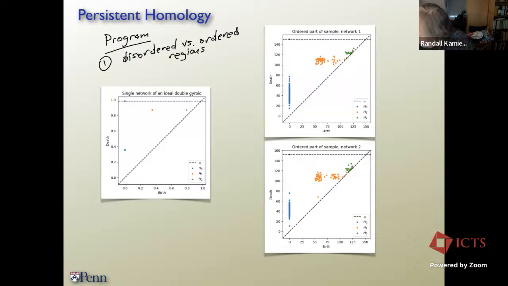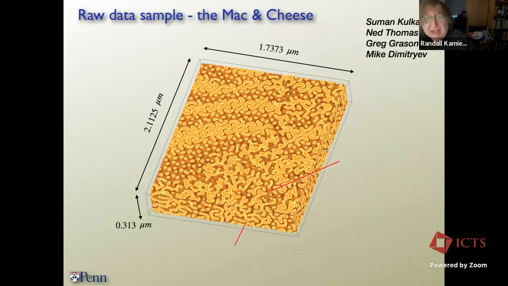And if I go back to the picture I showed you of the data, the mac and cheese, it's hard to tell exactly what's ordered and what's disordered in the mac and cheese. So we want to have some quantitative way of deciding where it's ordered and disordered. And so Suman's been developing these topological measures. Do it by the linking number? Can we do it by persistent homology? Can we do it by the average length of the loops?